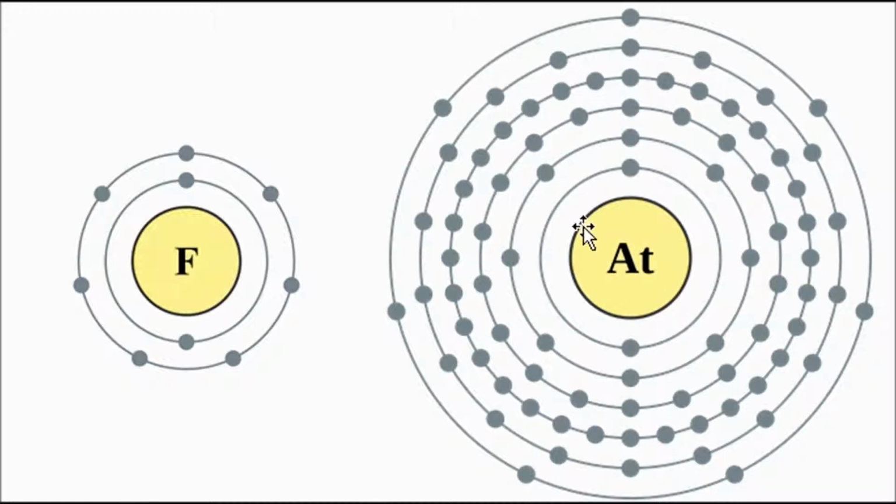So a combination of distance to the outer shell and electron shielding means in astatine, that positive charge has a much weaker pull on that final electron. Whereas in fluorine, because it's much closer and there's much less electron shielding, it has a much stronger pull to get that final electron in. And this is why fluorine reacts more readily than all the others, and why you get an increasing reaction as you go up the table this time.